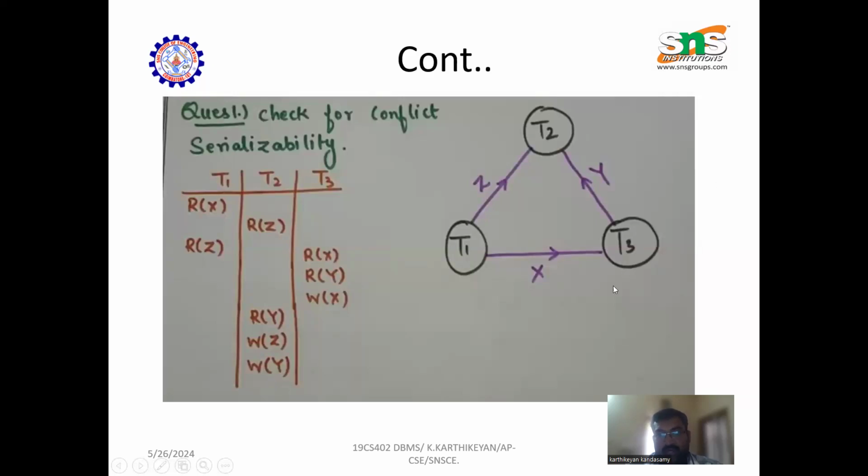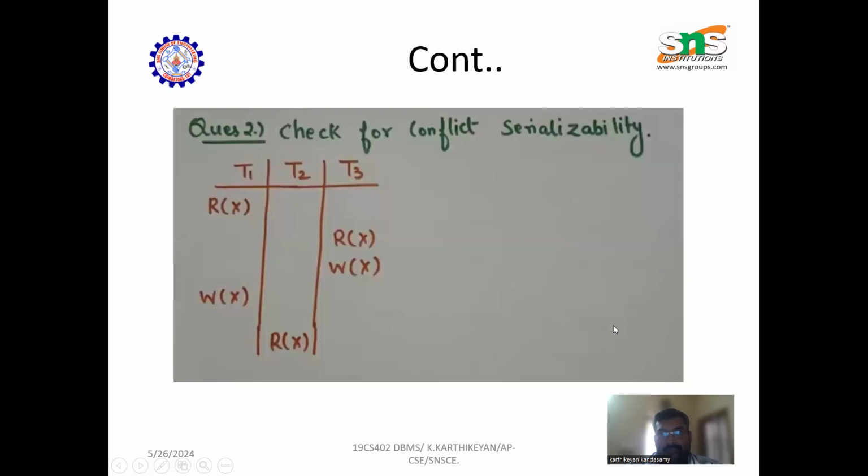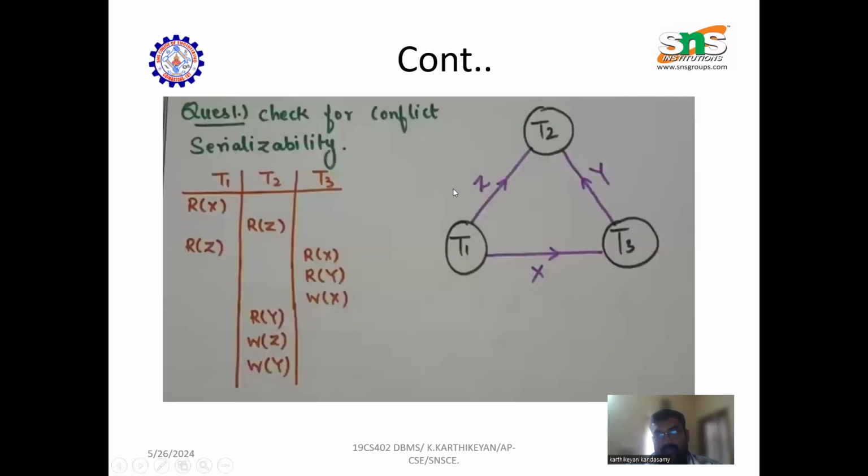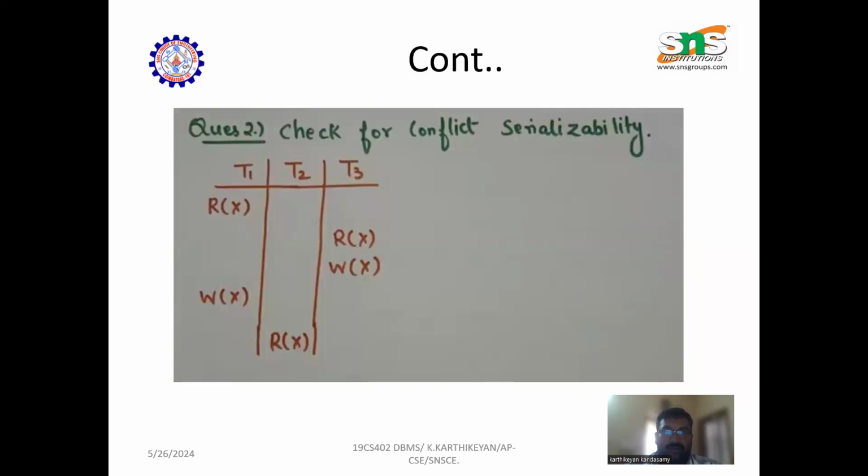So you can check your conditions. The condition is satisfied. Whether the condition is satisfied, you can see if a cyclic form is created. This is called serial. Suppose the condition is not satisfied, the cyclic form cannot be created. This is the check for conflict serializability.